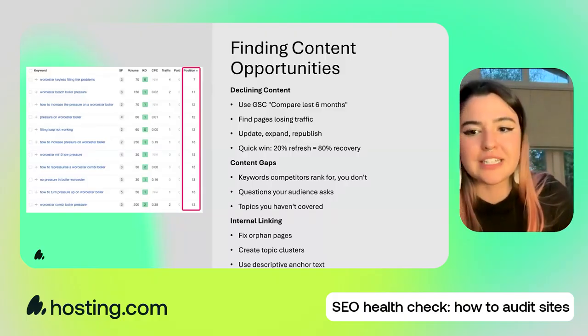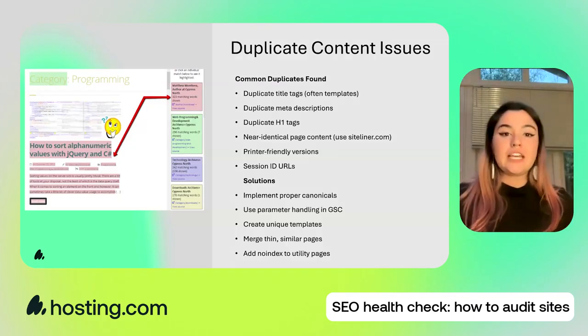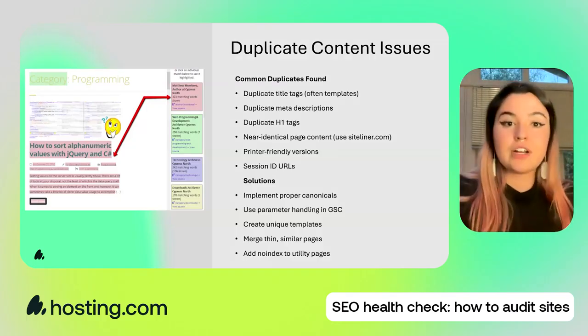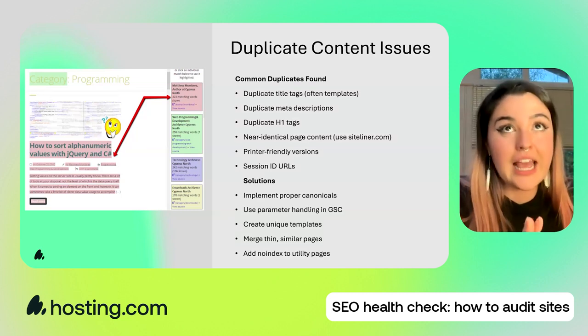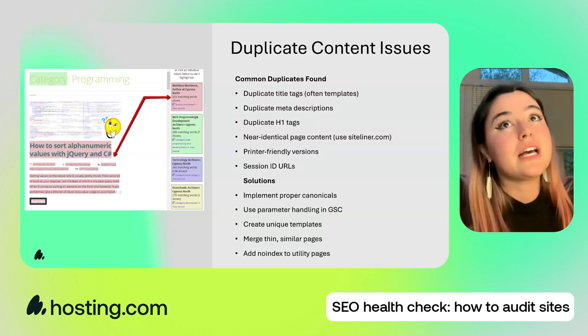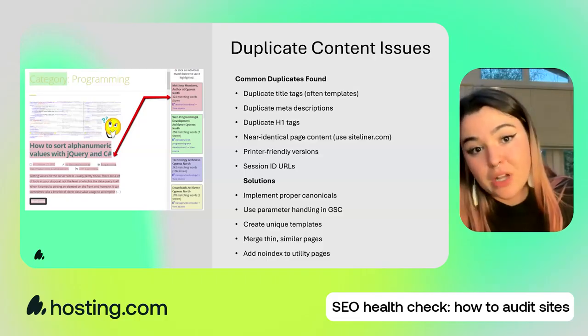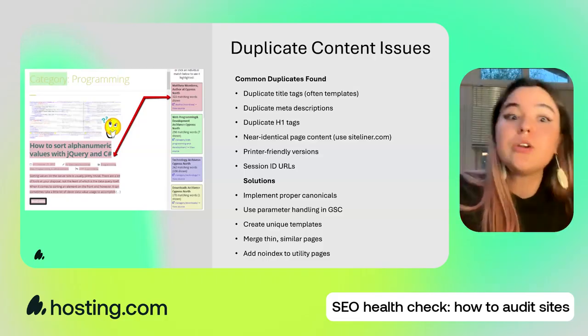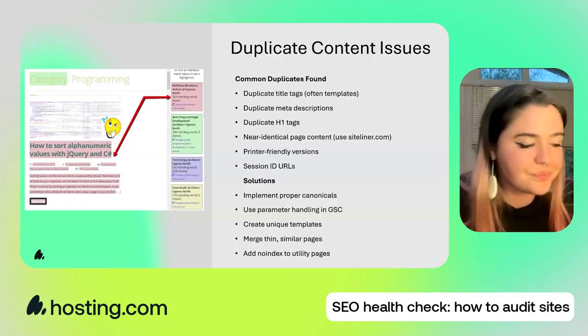Super important today. Duplicate content is one of the number one issues I run across in 2025 for SEO. It is mostly because back in the day, you used to be able to write lots of different blogs with similar keywords, and you could rank in different spaces because the SERPs were a little bit more unique.